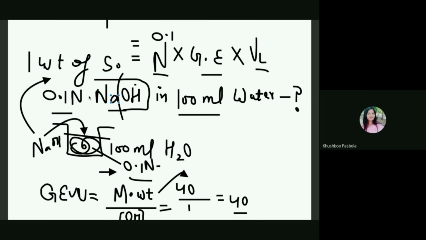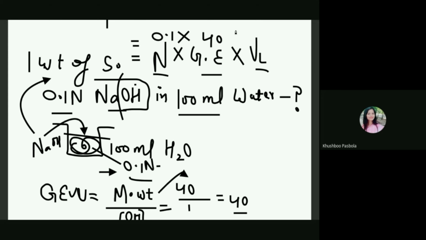If I want to prepare a 0.2 normal solution, just write 0.2 here. If you are going to prepare a 0.5 normal solution, just write 0.5 here. So 0.1 into, now what is the gram equivalent weight for NaOH? 40, as we already calculated here.